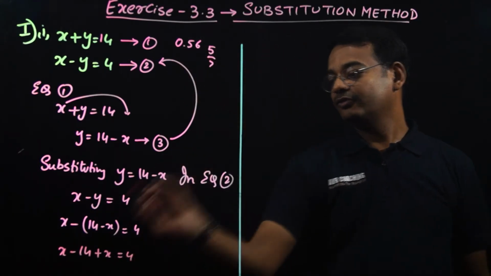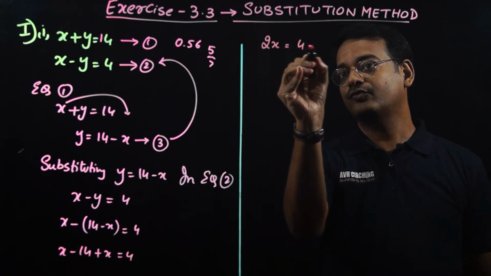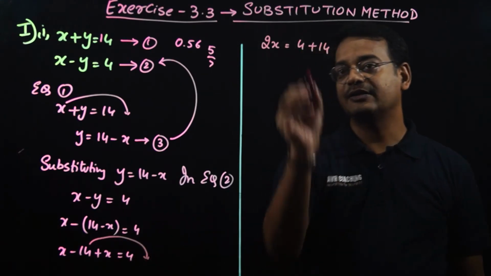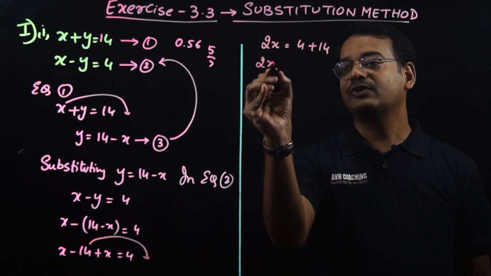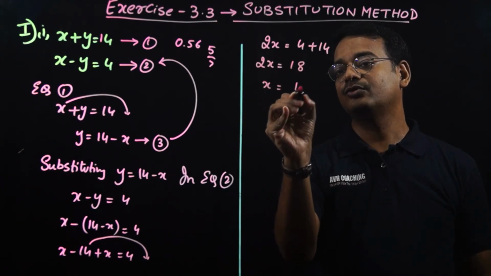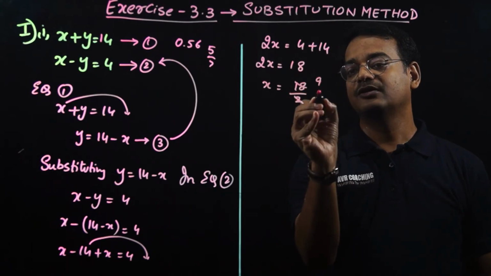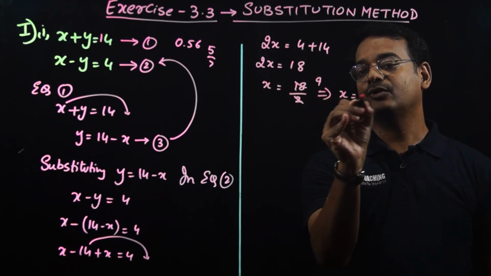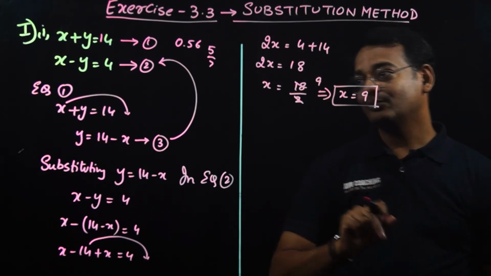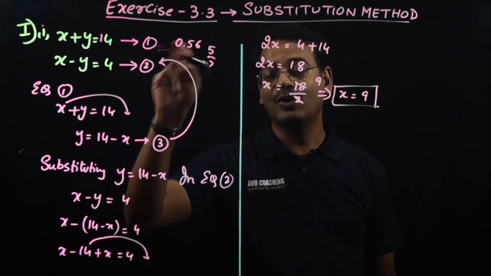and this will be x plus x is 2x is equal to 4 plus 14. This minus 14, when it comes to the right hand side, becomes plus 14. So 2x is equal to 18 and x equal to 18 by 2, and 2 nines are 18, so x equal to 9. Now this x value we will not substitute in 3 or 2, we will substitute it in 1.